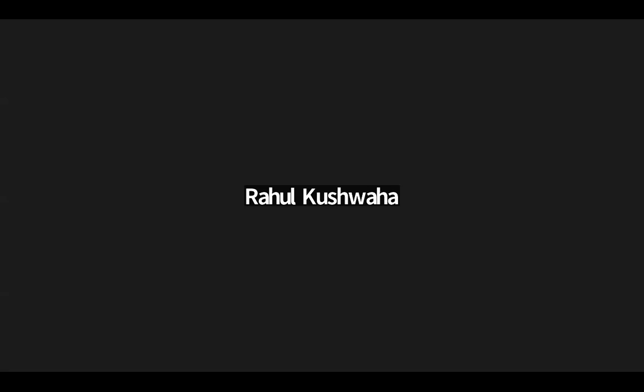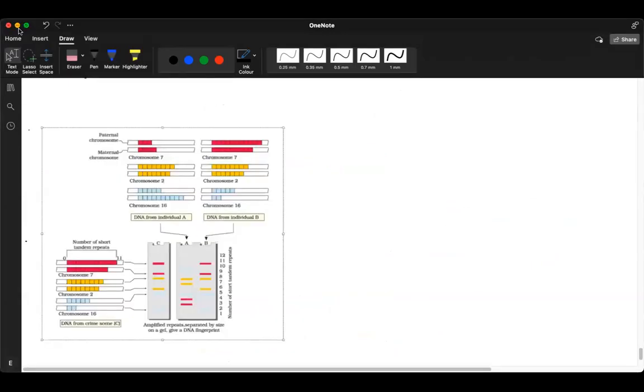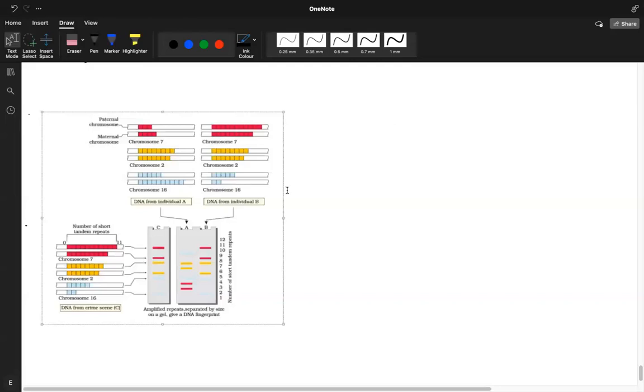Could you find the figure? Yes, sir. Okay, let me share the screen again. Can you all see the screen that I'm sharing? Yes, sir. Perfect. This is the figure, right?